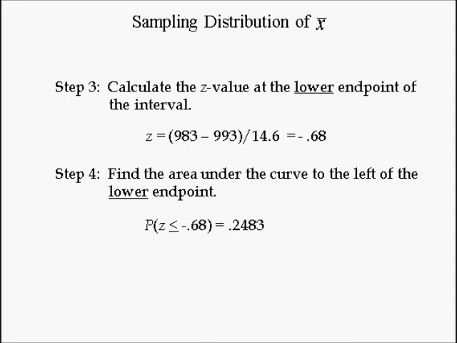You can verify this by going to row negative 0.6 and column 0.08 in the standard normal table. Because 983 is 0.68 standard deviations below its mean of 993, the probability that the sample mean is less than or equal to 983 is 0.2483 as well.